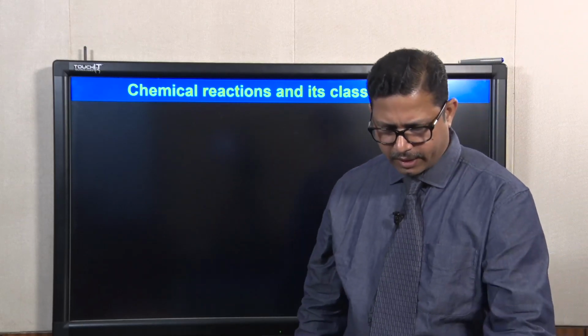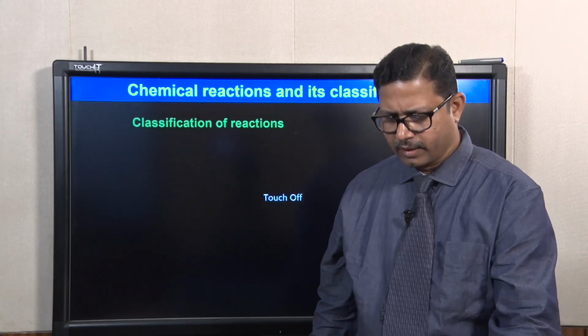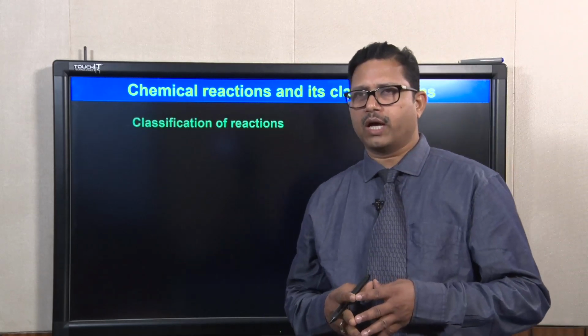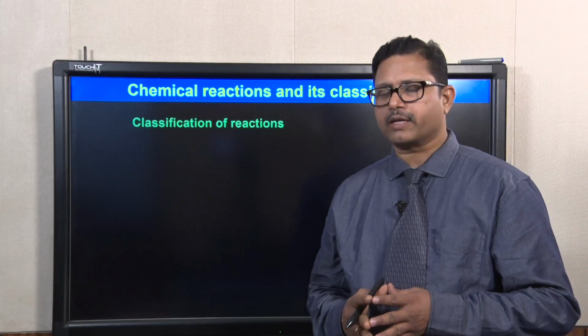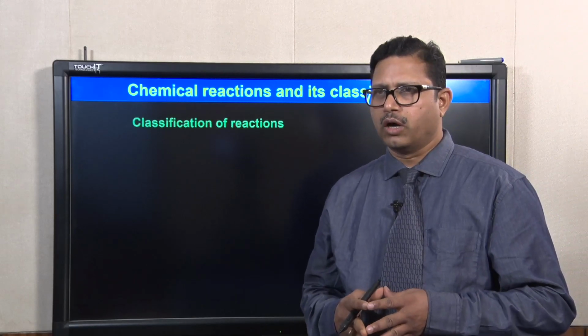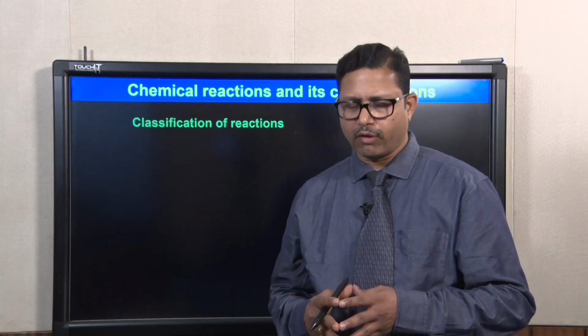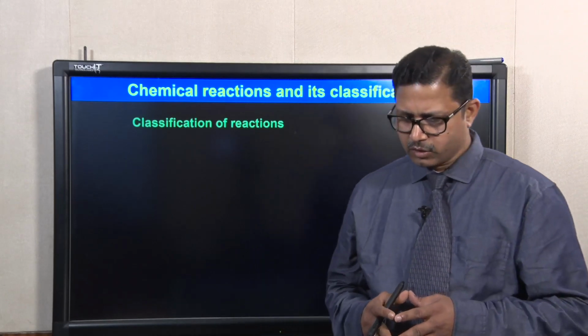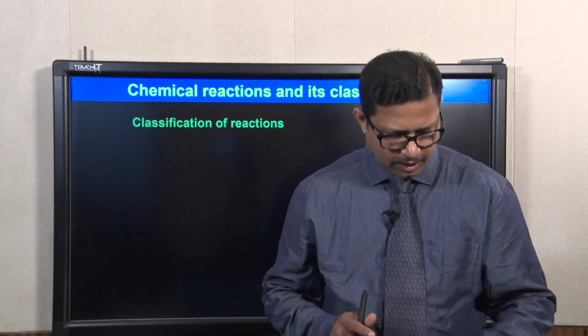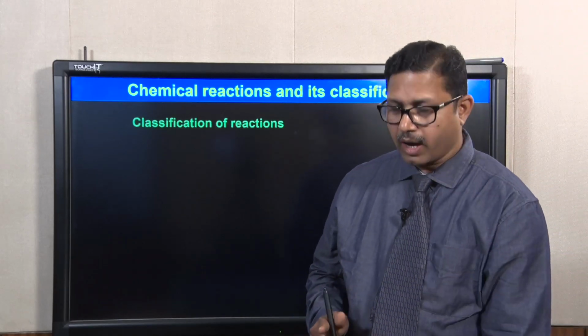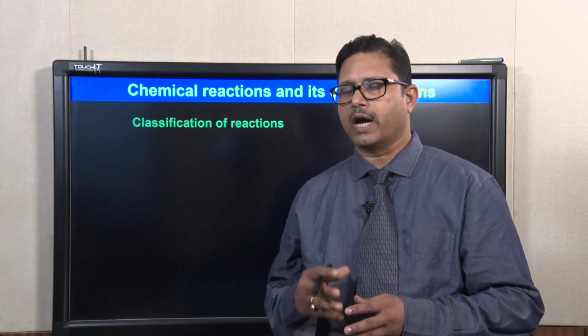In chemical reaction engineering, the best way to classify the chemical reactions is by how many phases are involved in the reaction. In view of this, the chemical reactions are classified into two categories.